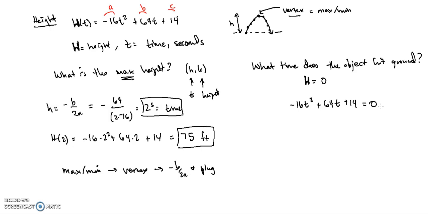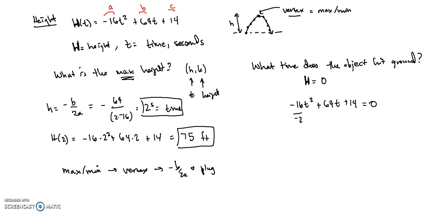Most of these you're going to have to use the quadratic formula on, just because in real life numbers generally don't work out nicely. You can, however, divide this by 2, and in fact I would probably divide it by negative 2. Just in general, it's easier to have a positive out front, whether you're factoring, using the quadratic formula, whatever it is. So you at least want to multiply through by a negative.